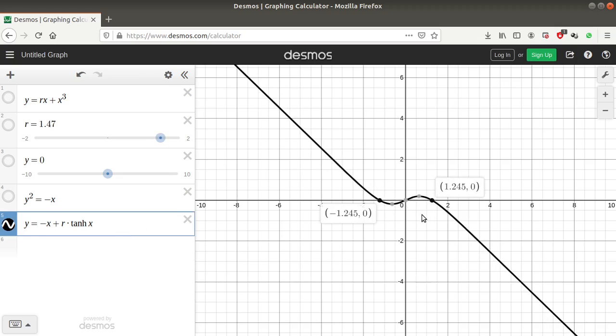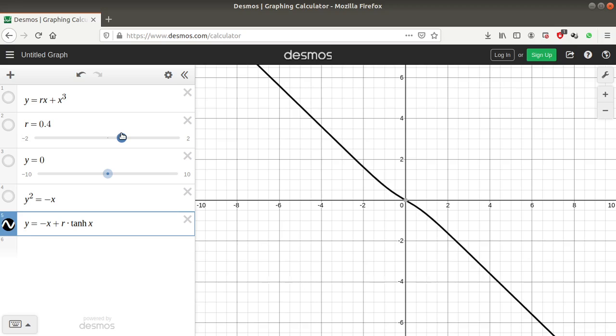Whether it's a supercritical pitchfork bifurcation or subcritical pitchfork bifurcation, that we could verify by checking the stability of the fixed point at x equal to 0. So when r is above 1, when we have 3 fixed points, the center fixed point is an unstable fixed point. Okay, and when I decrease the r value to less than 1, I'm having a fixed point which is a stable fixed point.